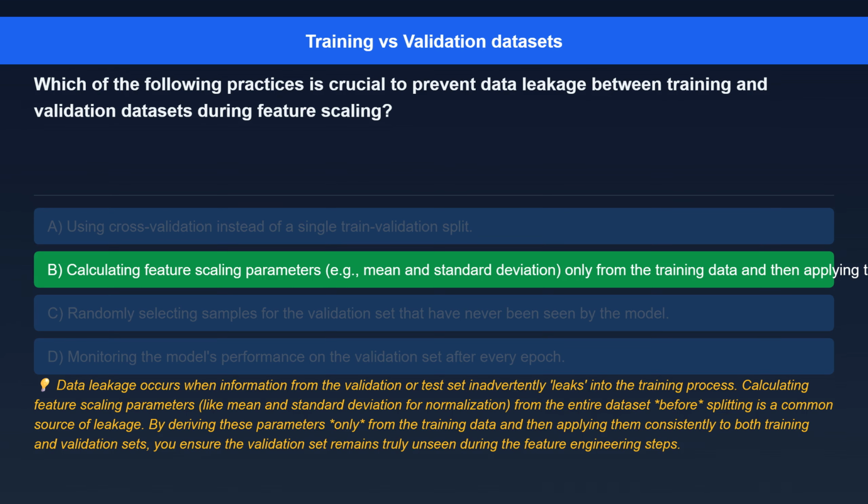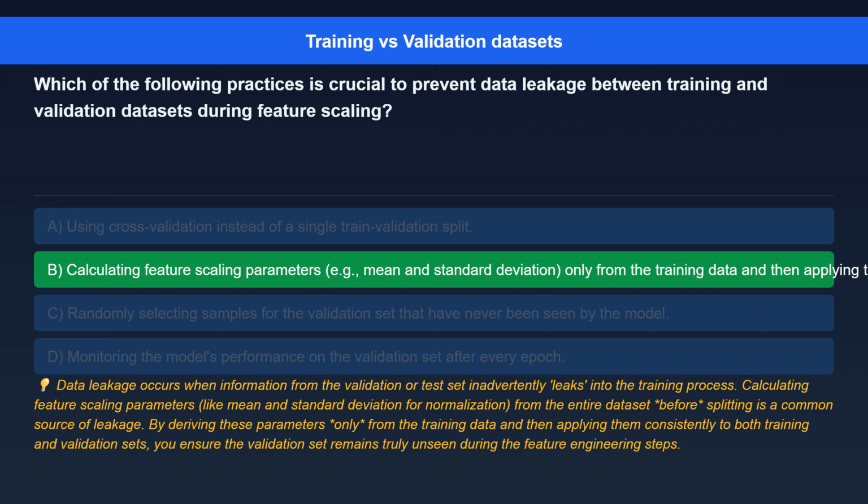The correct answer is calculating feature scaling parameters, e.g., mean and standard deviation, only from the training data, and then applying them to both training and validation data. Here's the explanation. Data leakage occurs when information from the validation or test set inadvertently leaks into the training process.